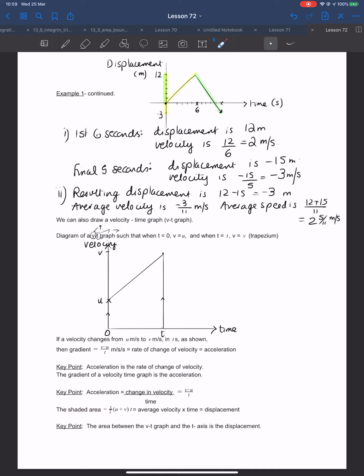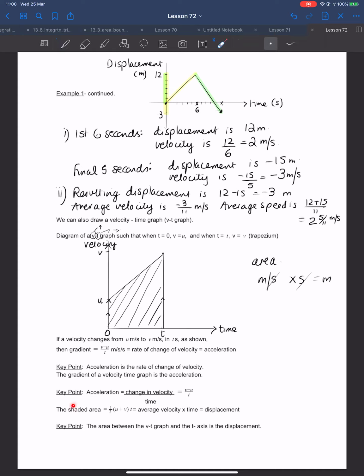Okay, the shaded area, let's shade this. If you've got the area on a velocity time graph, it's metres per second, velocity, times seconds for time. You see that the seconds cancel out, so it's metres. So the area is going to be the displacement.